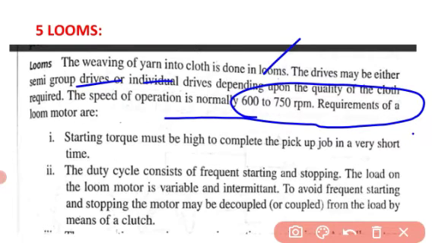The motor requirements are as follows. Starting torque must be high. The duty cycle consists of frequent starting and stopping. The load on the loom motor is variable and intermittent. To avoid frequent starting and stopping, the motor may be decoupled from the load by means of a clutch.